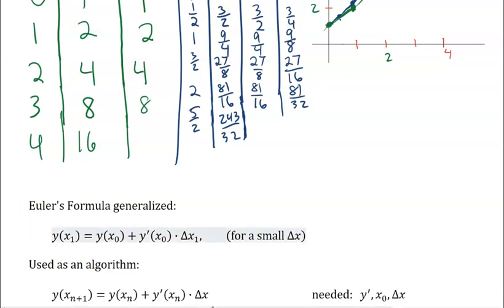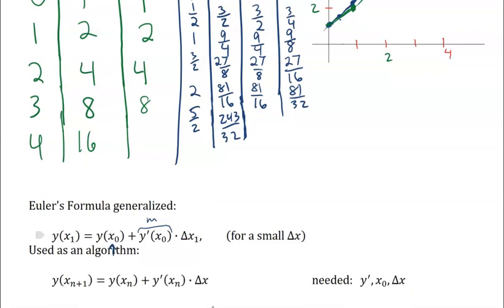So given a starting point, x sub 0, and given a derivative of the function, we plug that x coordinate into the derivative to get our slope. We multiply it by the width of the step, which the delta x is going to be the same every time. You're going to use steps that are the same width.